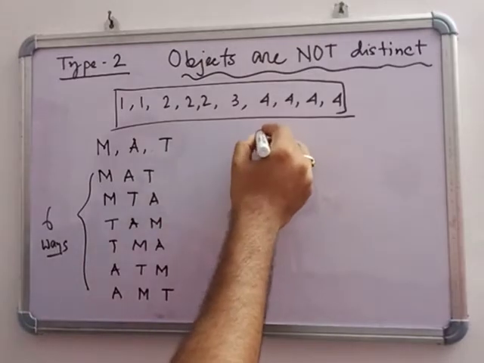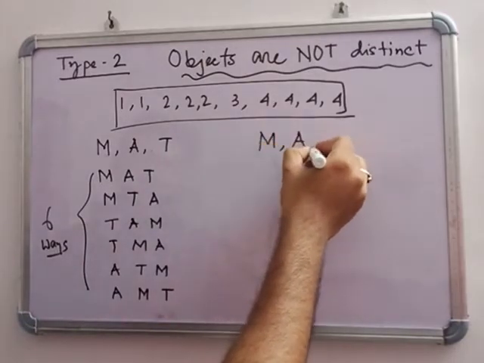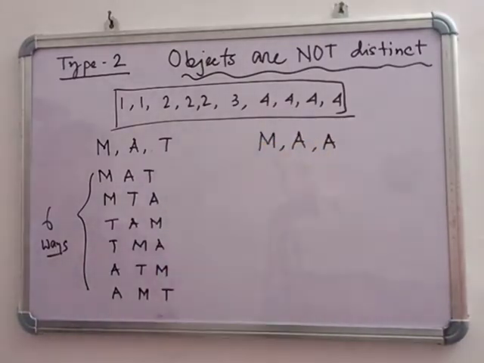But when you are making words with MAA, 2 same letters will be there. Then the number of ways or number of arrangements is different.